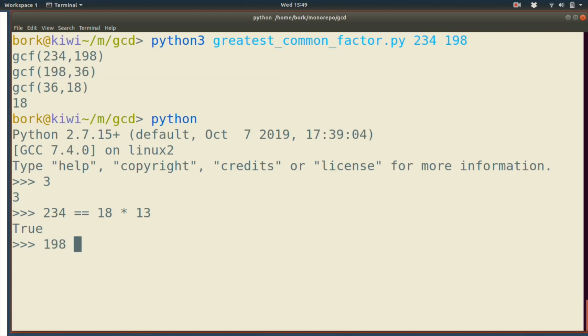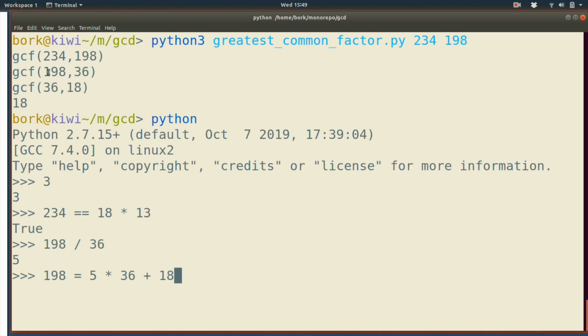So 198 is, how does this work? Right. 198 is 5 times 36 plus 18. And basically you can go through the same thing and see that if there's any number that divides both 36 and 18, it's also going to be a common factor of 198 and 36.